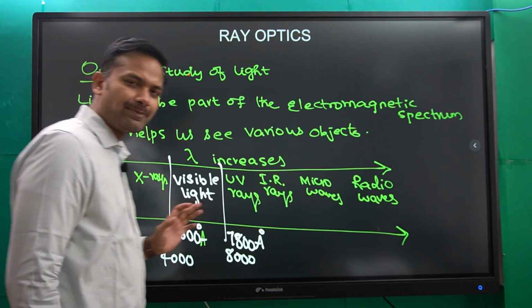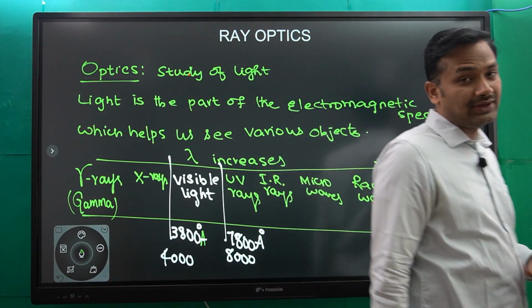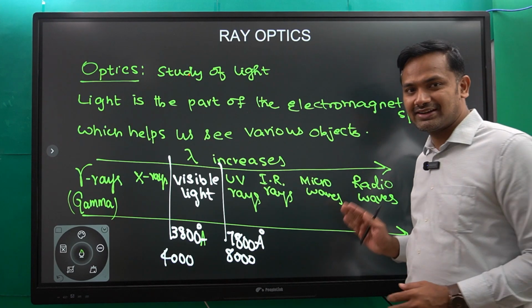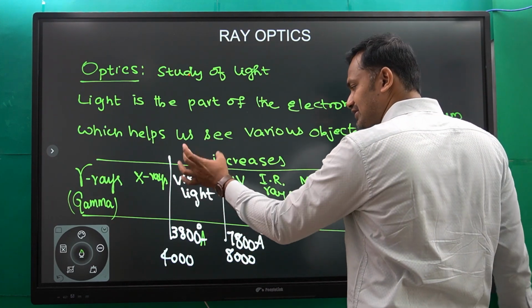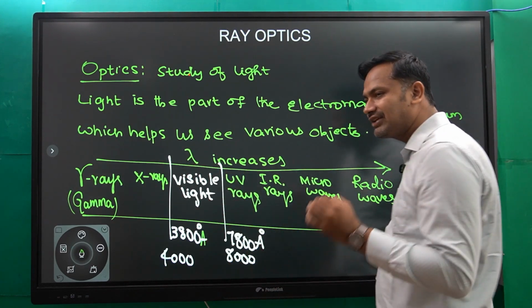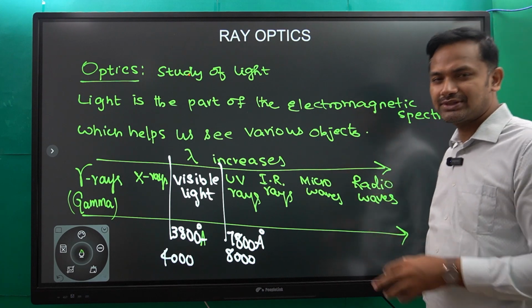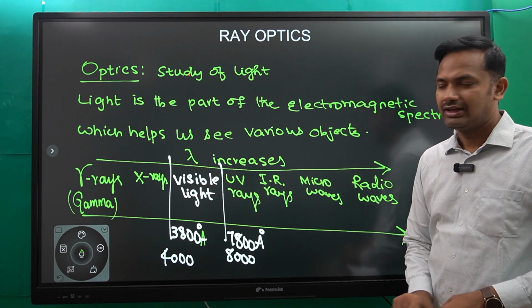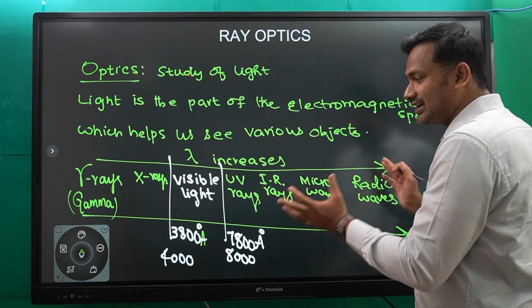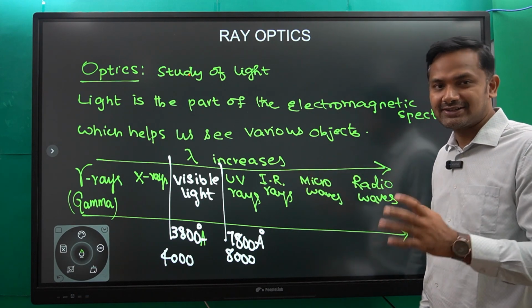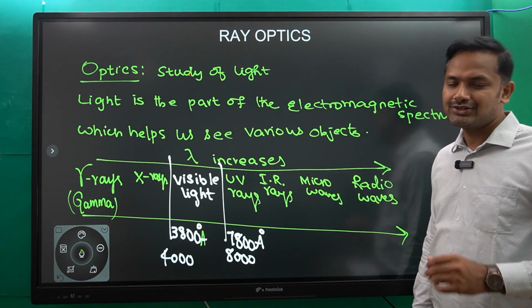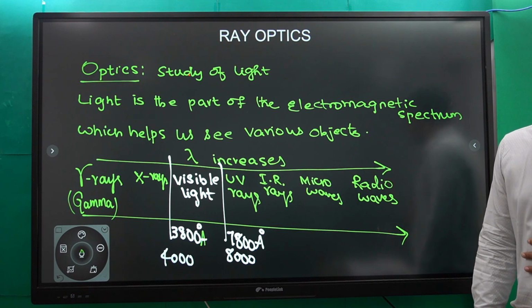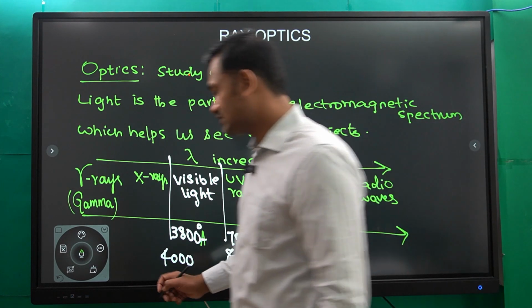Understood? So in this entire electromagnetic spectrum, this is the visible light and this is the part we are going to discuss in this chapter. Understood?